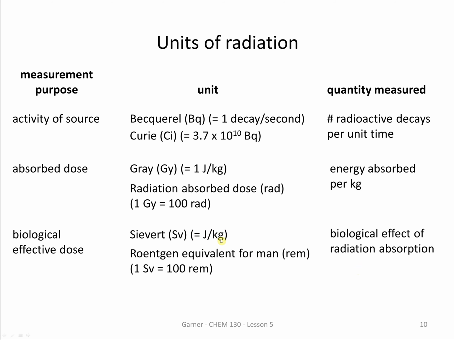The SI unit for measuring a biological effective dose is the sievert. And 1 sievert of radiation corresponds to approximately a 5% chance of developing a cancer as a result of that absorbed radiation. So again, this is from the perspective of the biological impact of absorbing that radiation.